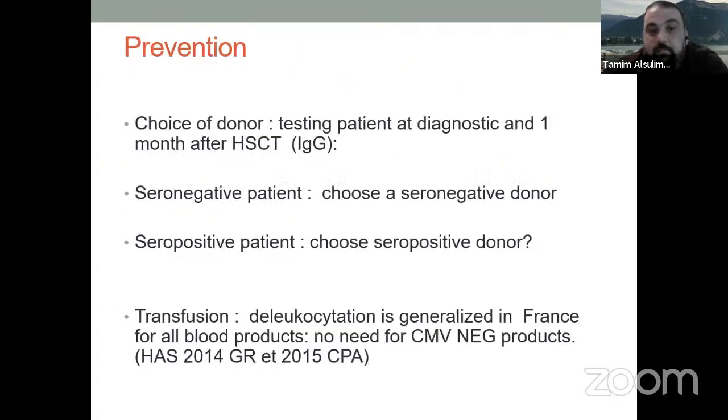For prevention, I will not repeat what Dr. Al-Zahrani has said. It's about matching seronegative donors to recipients.